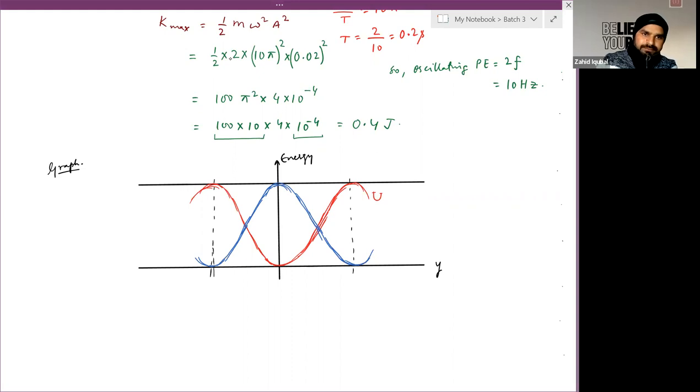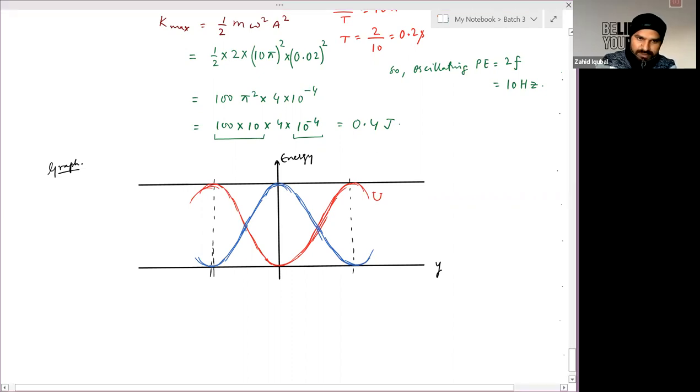And the point of intersection, if you join these two points, it will be kinetic energy equals potential energy, equal to half of total energy.